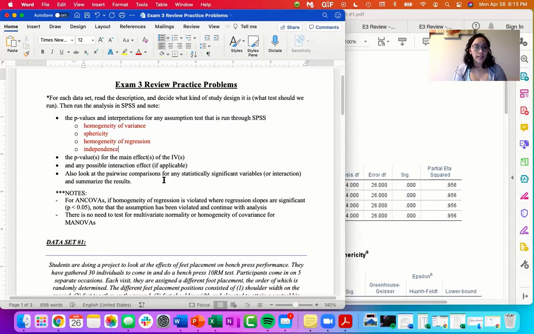Remember, we cannot test multivariate normality in SPSS. It's just not possible with the technological capacity of the program.